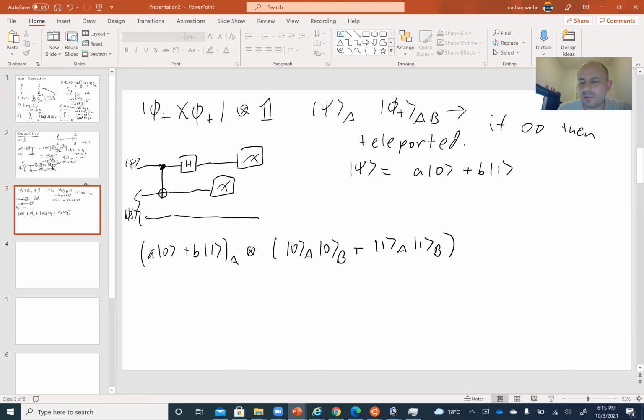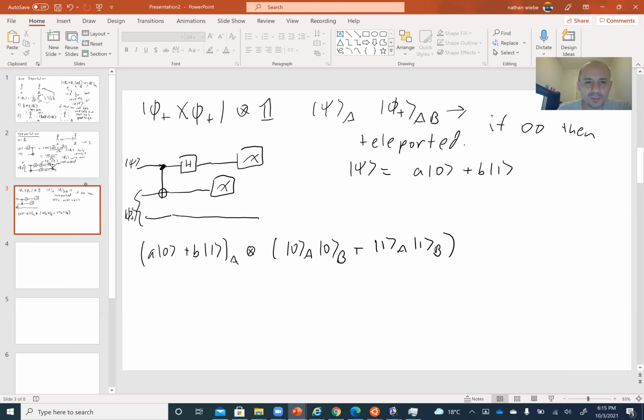And what I've done here is I put the A and the B's as subscripts of these, just to be clear which of the two people in the protocol has each of these individual quantum bits. So the first two are owned by Alice, and the last one is owned by Bob.